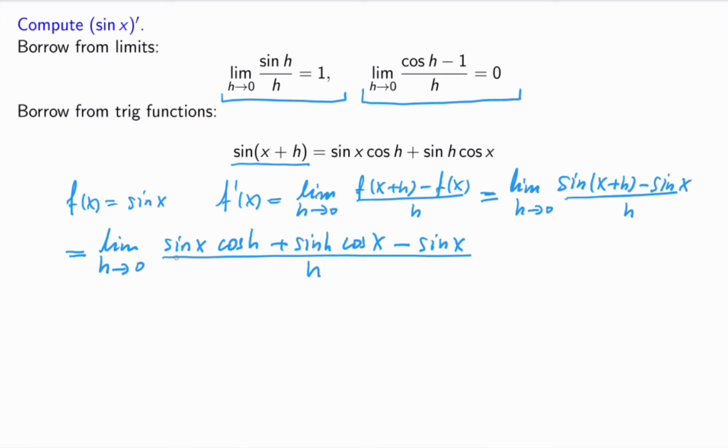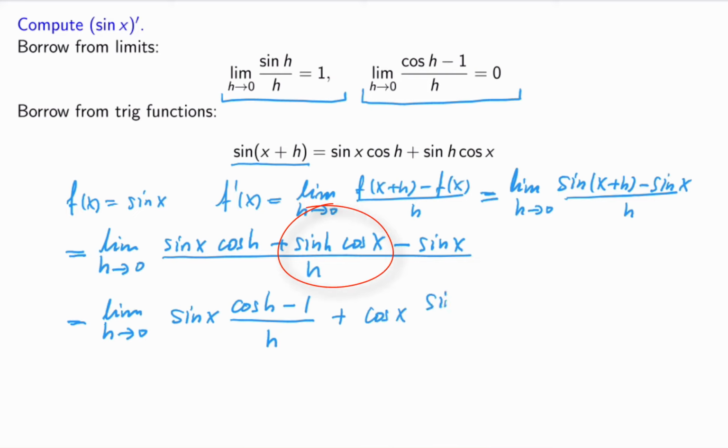And I combine the two terms which have a sine x. So I write this as limit as h goes to 0, and I factor out a sine x, and what I keep is a cosine h minus 1 divided by h, okay? And then plus a cosine of x, sine h divided by h.